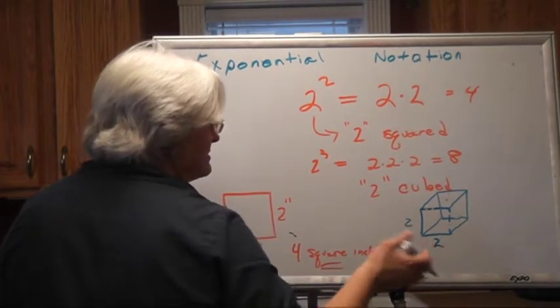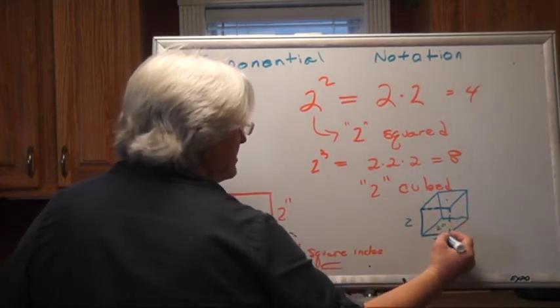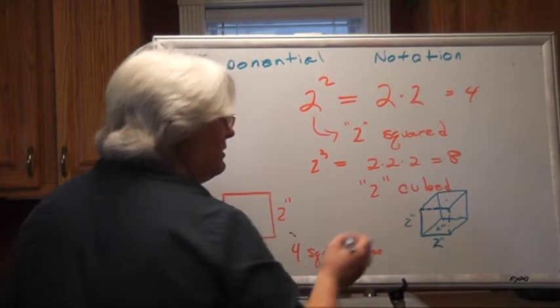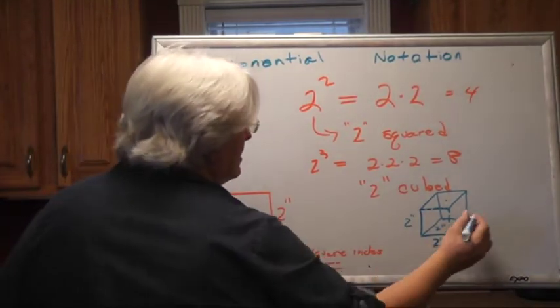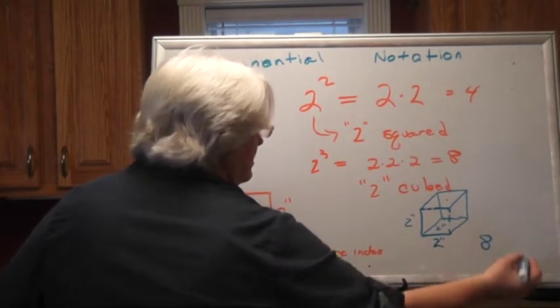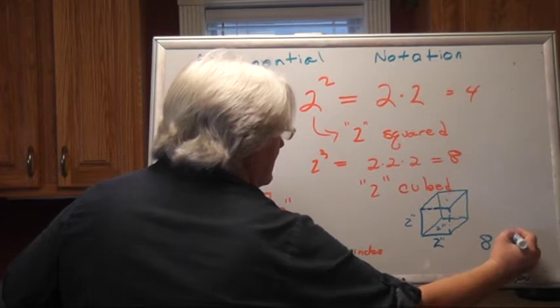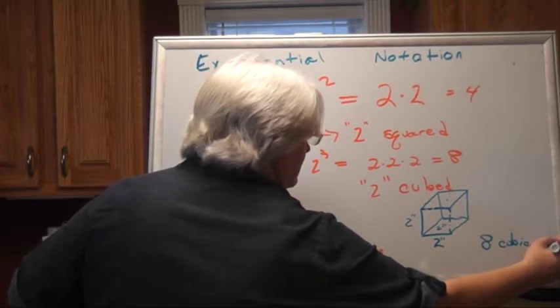The base of it is 2 by 2. The height of it is 2 inches. The way you find the volume of a box is length times width times height. 2 times 2 is 4 times 2 is 8. Cubic inches, remember. The volume is in cubic inches.